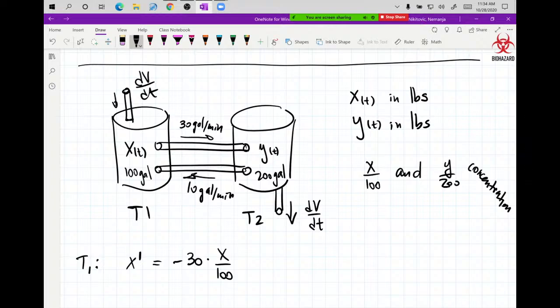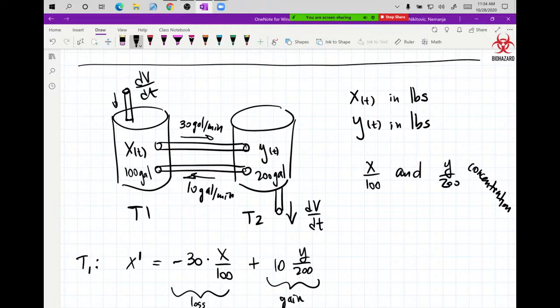And you can think of this as a loss, right? It's losing because it's giving away those 30 gallons outside of the tank. Now, the gain is 10 gallons per minute of the concentration y over 200 from the other tank, and that will be a gain, which is why it's plus.